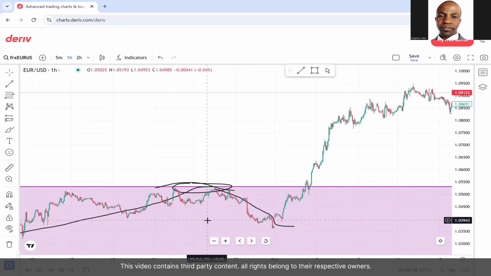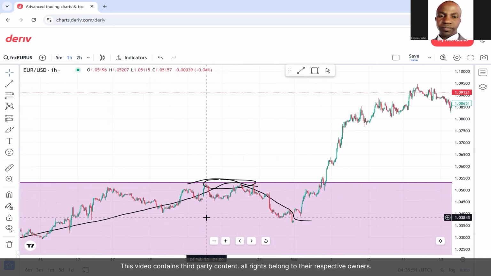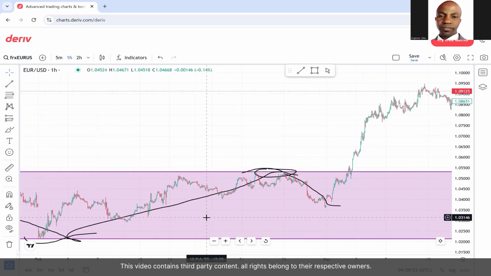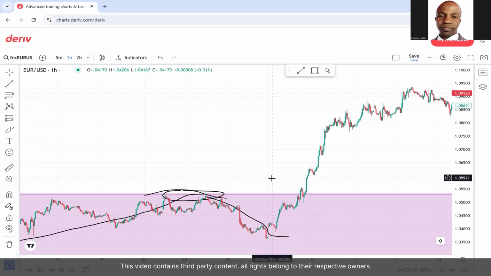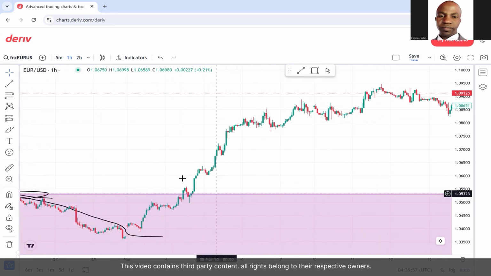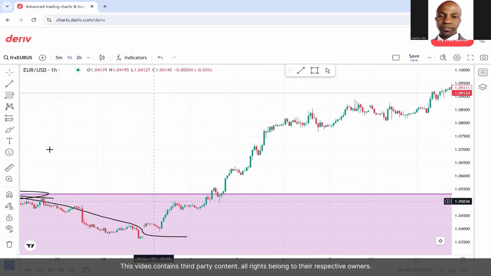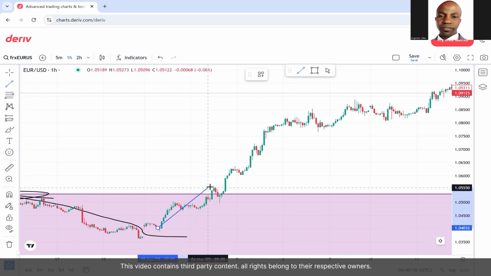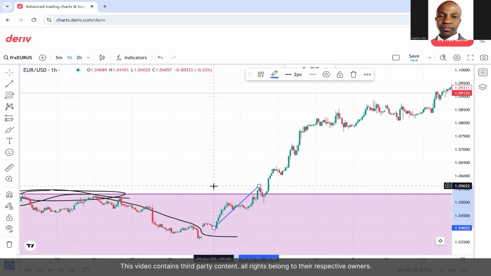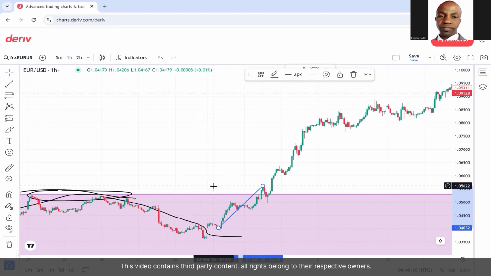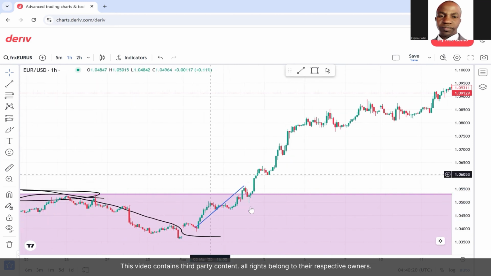You can see after the price gets out of the consolidation zone, something happens at this particular area. When you zoom, you can see price breaks out of it. You can see the price comes like this and then breaks out. And the breakout always happens whenever a bigger momentum candlestick forms.